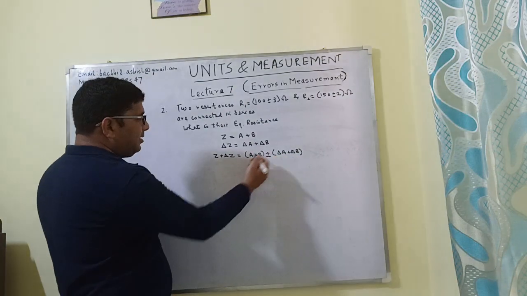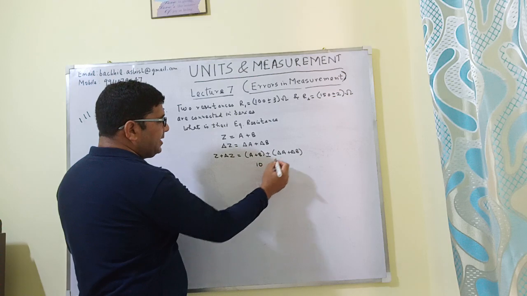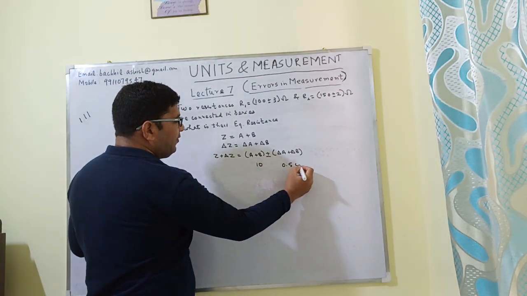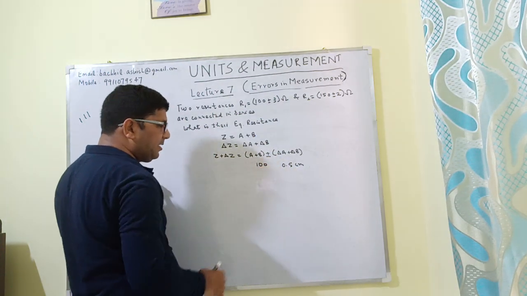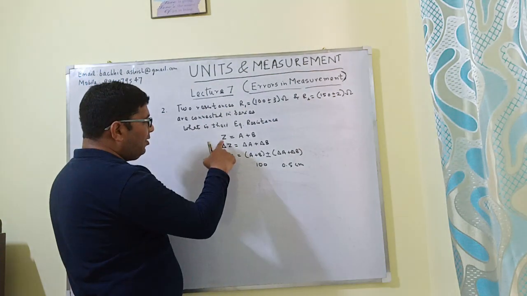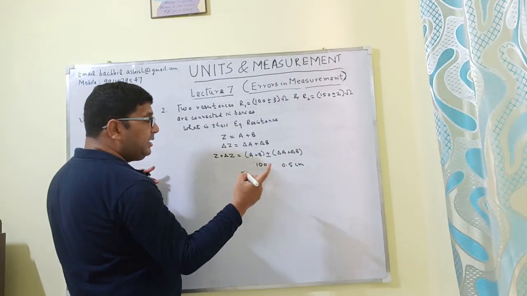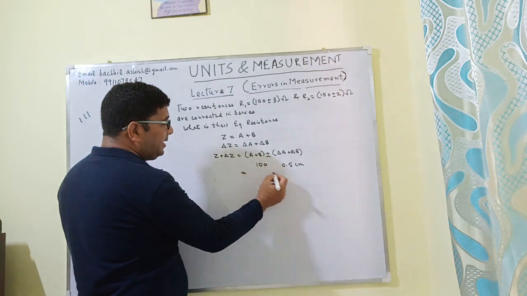Or you can say, for example, if A plus B is equal to 100 centimeter and delta A plus delta B, let us say, is equal to 0.5 centimeter, then the range of the measurement of Z will be equal to how much?